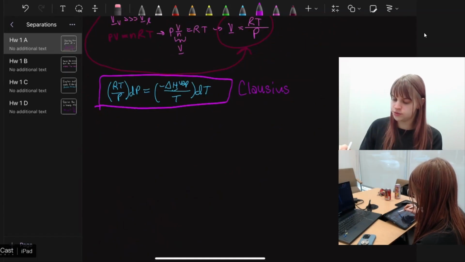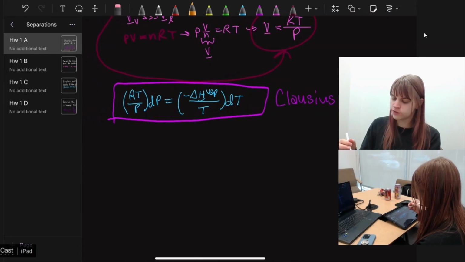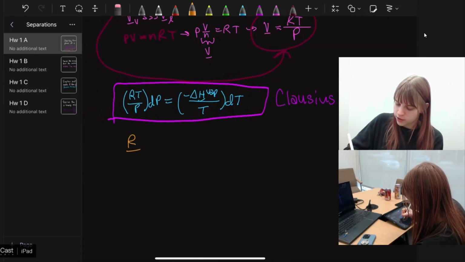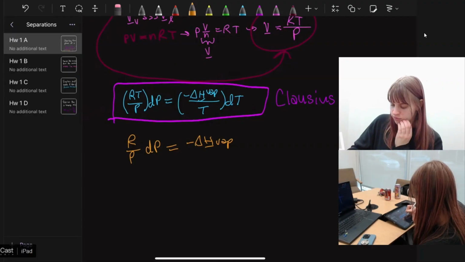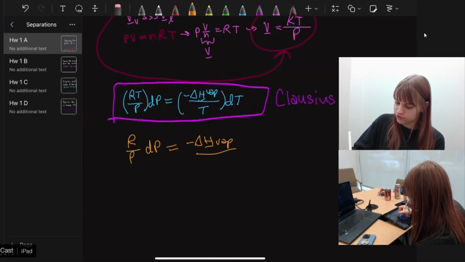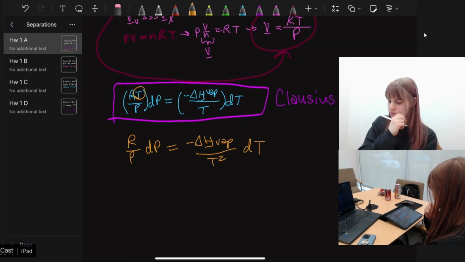In order to get to the Clausius-Clapeyron equation, I'm going to put all of the temperatures on one side and all of the pressures on one side. So we have R over P dP is equal to the change of enthalpy of vaporization. We're dividing the temperature from the left-hand side to get T squared times dT.